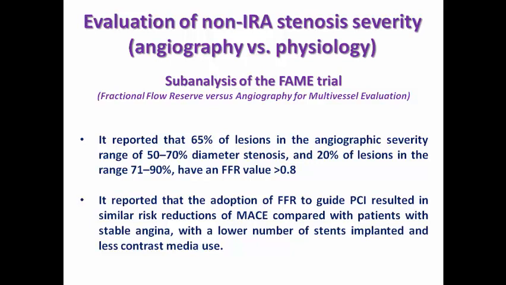And it reported that the adoption of FFR to guide PCI resulted in similar risk reduction of MACE compared with angiography-guided PCI in patients with stable angina, with a lower number of stents implanted and less contrast media. So FFR here was similar to the angiography-based PCI regarding the major adverse cardiac events, but it reduced the number of stents and contrast amount.